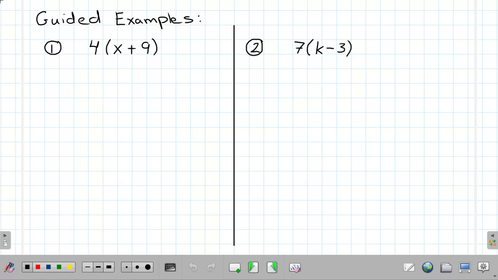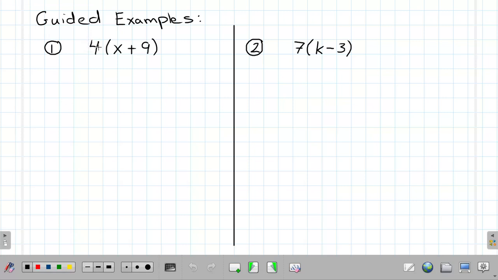So I'll work through these, and then the next 15, and I'll make a stop at the end of the fourth example here. What I would do is pause the video after these guided examples and try the next 15 questions on your own, and then refer back to the video to make sure you did all these questions correctly. So guided example number 1.